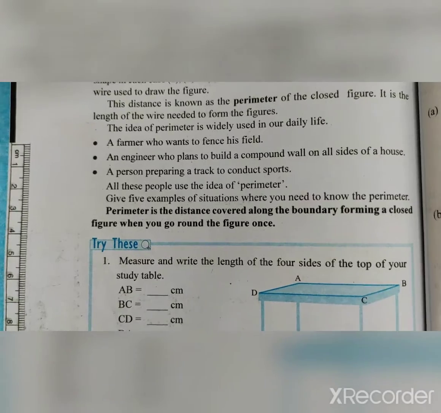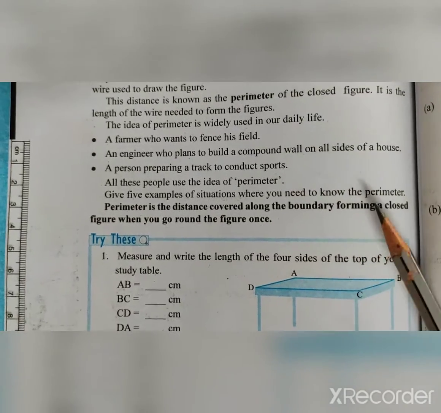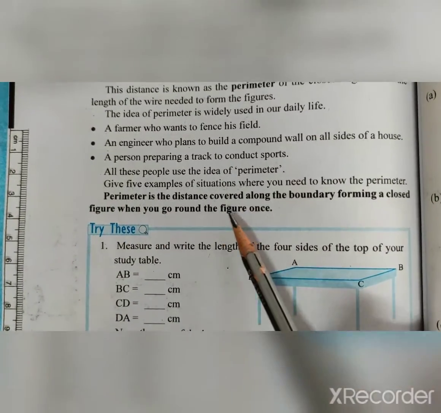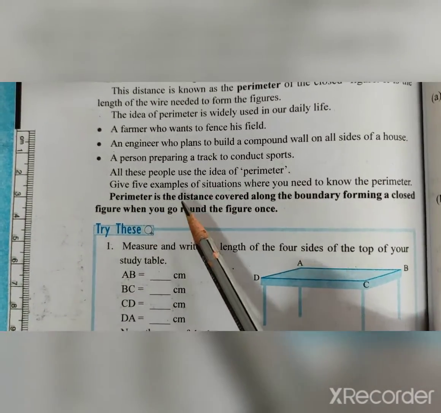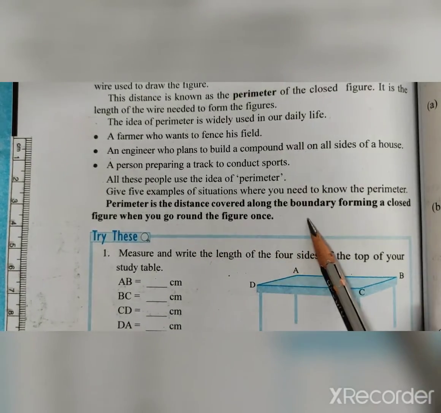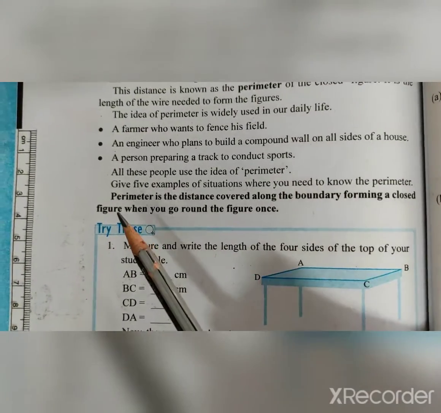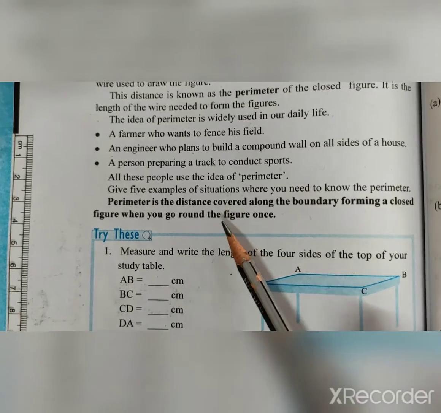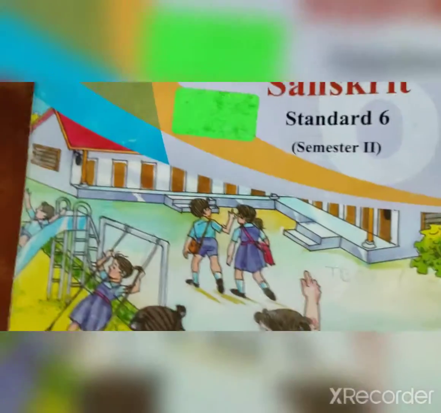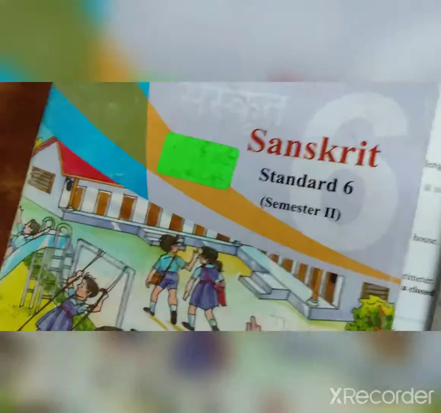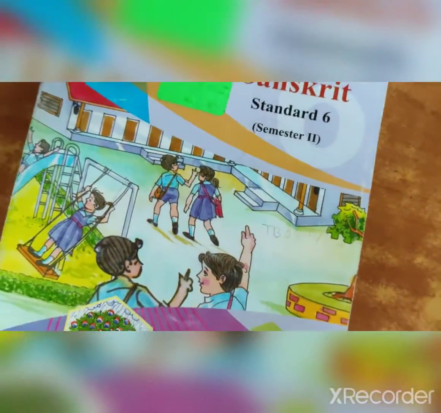Give 5 examples of situations where you need to know the perimeter. So first of all, you will write this definition given in bold letters. Perimeter is the distance covered along the boundary forming a closed figure when you go round the figure once. Suppose that you can see this Sanskrit book. Okay. Wait beta.